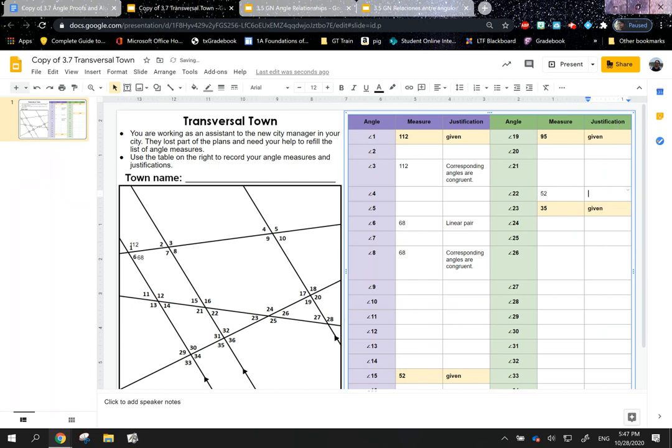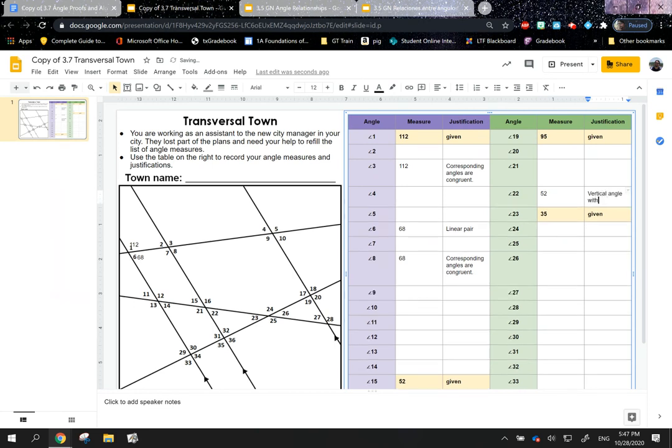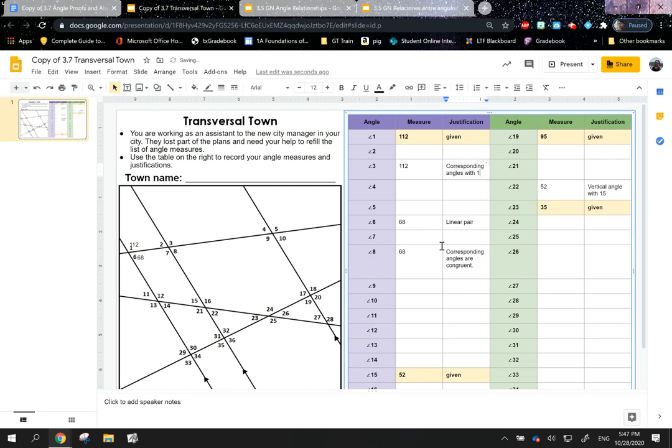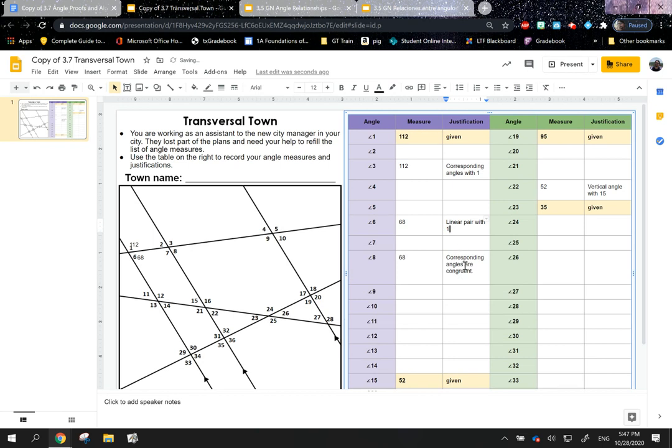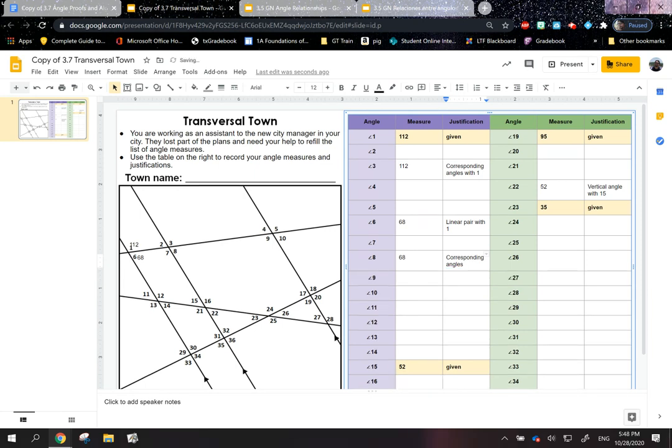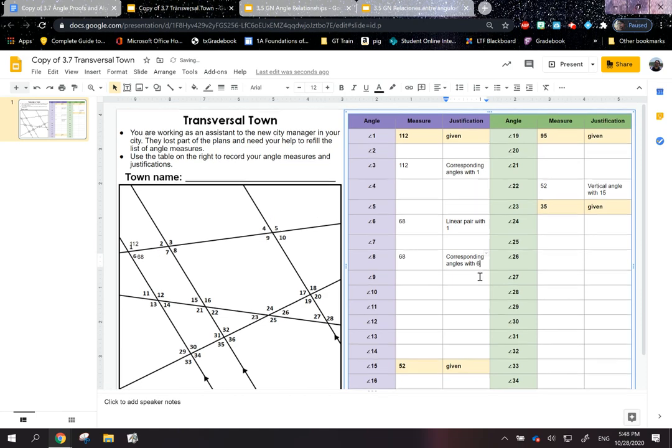And I can put vertical angle with 15. And here maybe I can put corresponding angles with 1 instead of just are congruent, so that I identify which other angle forms that pair. So here, we said angle 8, corresponding angles with 6, and so on.